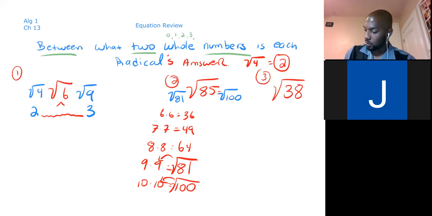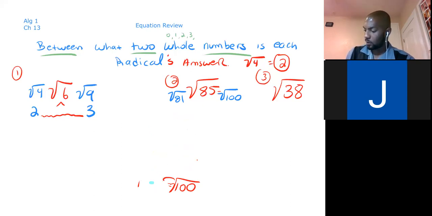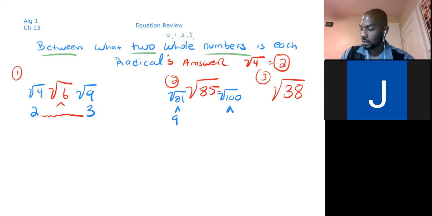The radical of 81 is 9, because 9 times 9 is 81. The radical of 100 is 10, because 10 times 10 is 100. Let's actually find out what rad 85 is so I can give you a nice clean answer.